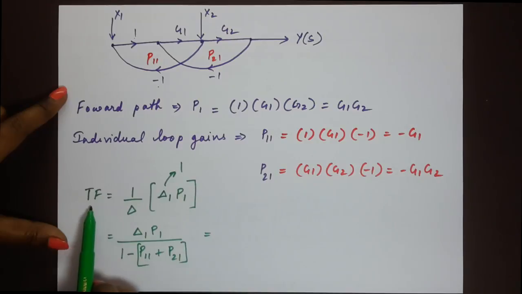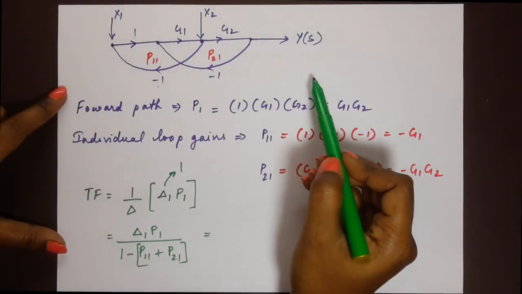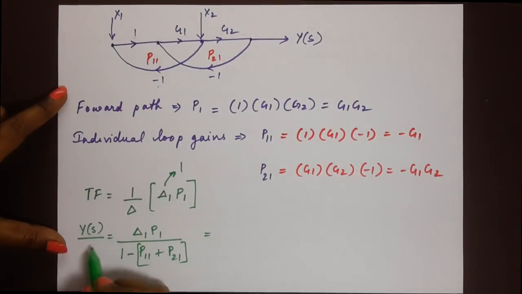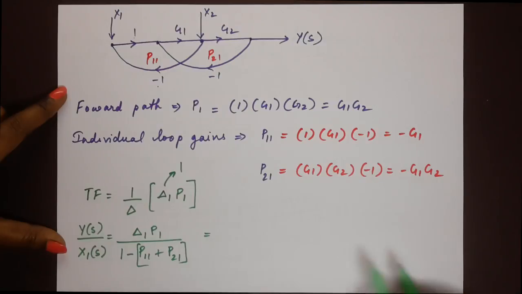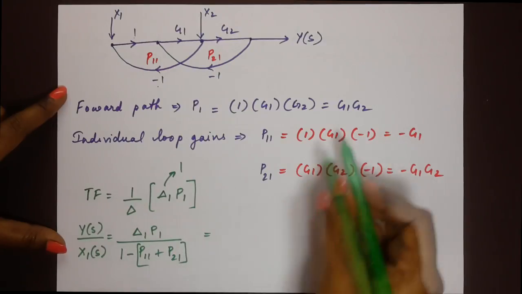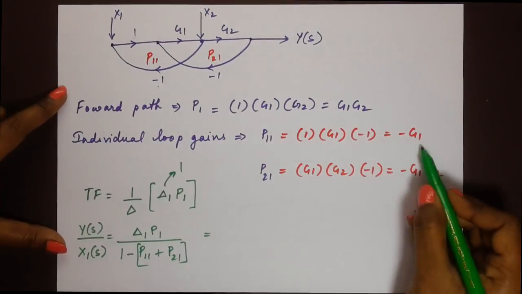Okay, here the transfer function is the output by input. Now in this, the first thing we are doing is writing it in terms of y of s divided by x1 of s. I'll show you how we can change that to x2 of s once we have gotten the expression for the transfer function. So delta 1 is 1, P1 is G1 G2, P11 and P21 are the values here.